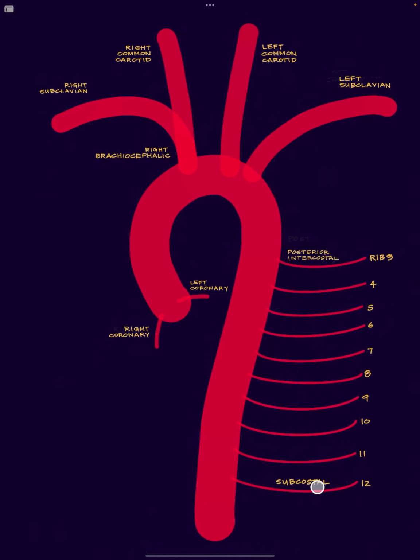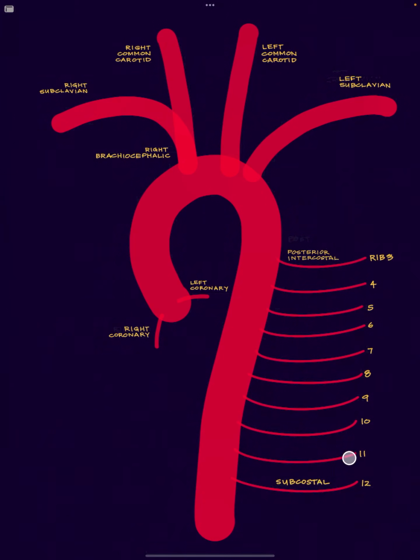These posterior intercostals tend to come off the posterolateral aspect of the aorta, and they go around the chest wall along the undersurface of their respective rib, and they anastomose with the anterior intercostal arteries. The anterior intercostal arteries are branches of the internal mammary artery, which is also called the internal thoracic artery.